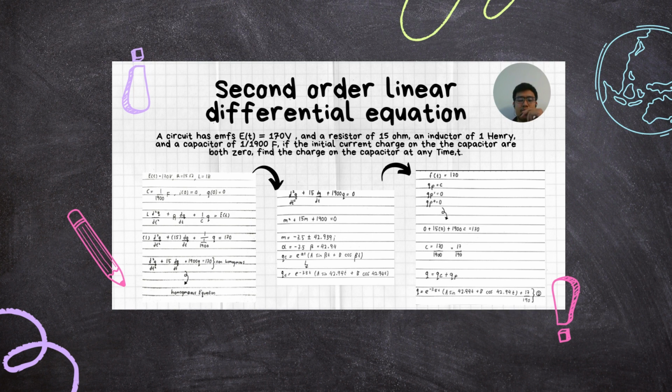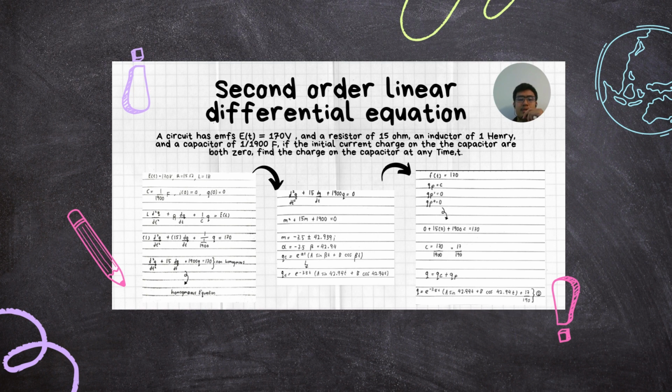So first we have to list all the values: E(t) equal to 170 volt, R equal to 15 ohm, L equal to 1 H, C equal to 1 over 1900 F. The initial conditions for this question are I0 equals 0 and Q0 equals 0.